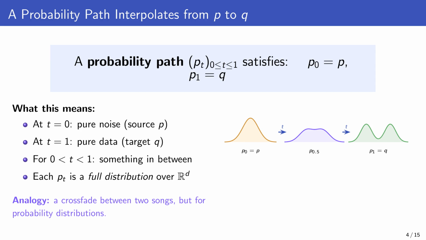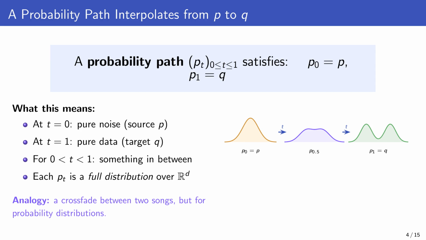For times in between, Pt is some interpolation between these two extremes. Notice that each Pt is a full probability distribution over Rd. It is not a single point or a single sample, it is an entire distribution, a density function that tells you the probability of finding a sample at any location in space, at that particular moment in time.